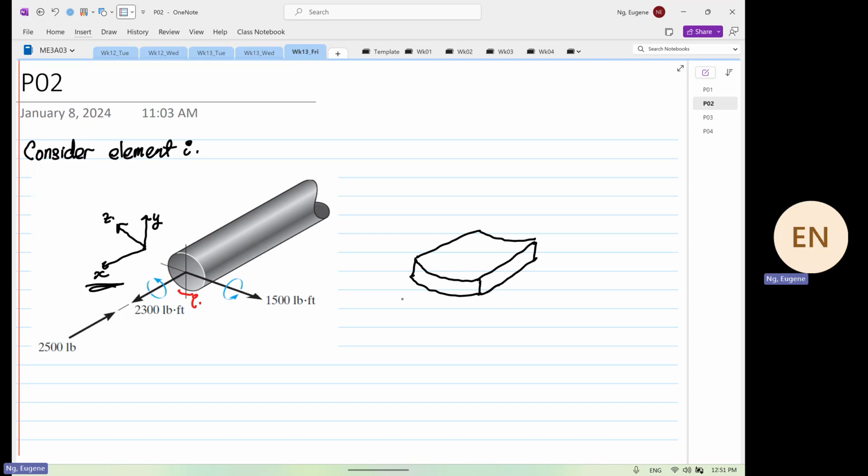We are aware that we have a stress X. And then we are aware that we have a shear in this direction. Why shear in that direction? Because this is our shear flow direction, or our shear stress direction.